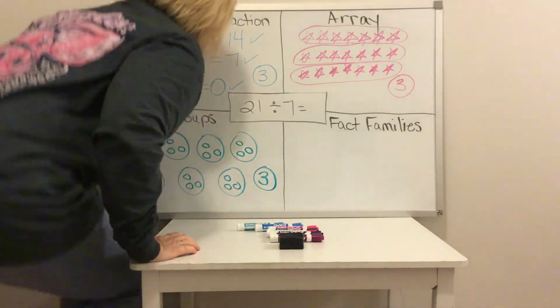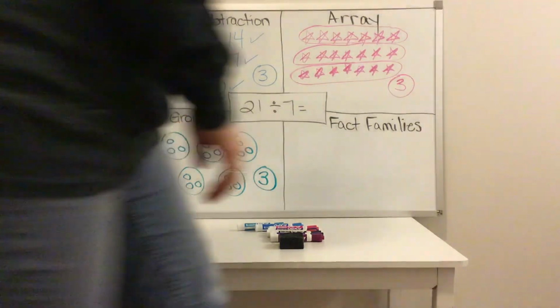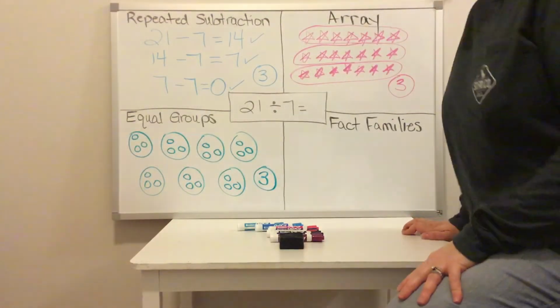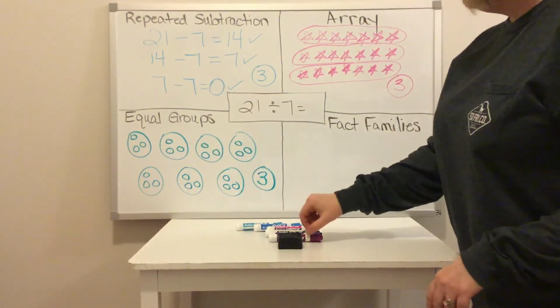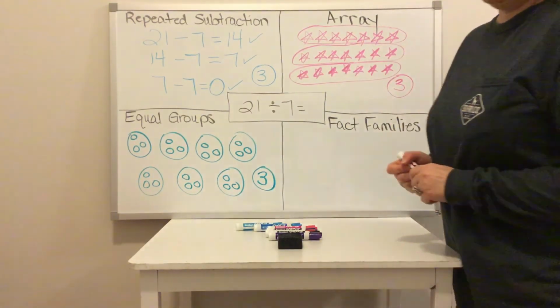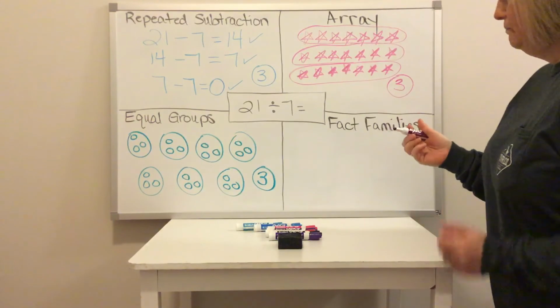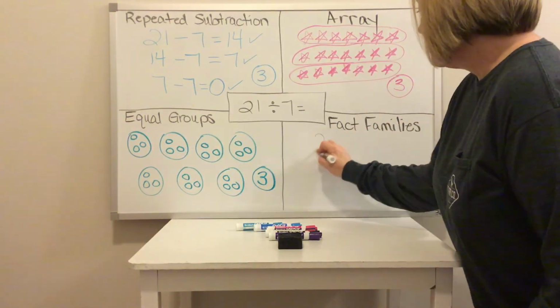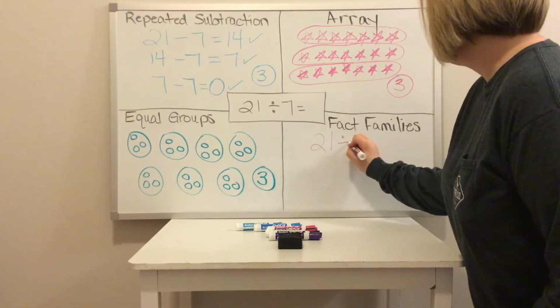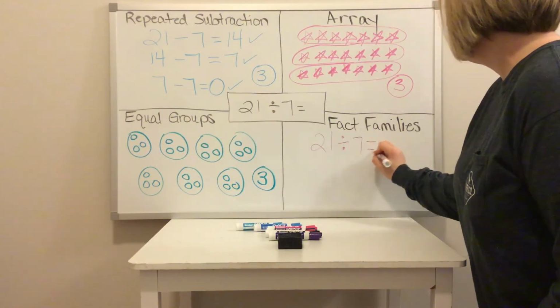And then our last strategy, and our easiest strategy if we know our multiplication facts like we should, is using our fact families. 21 divided by 7.